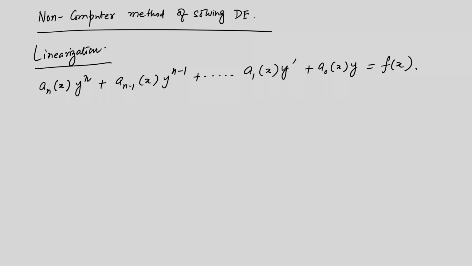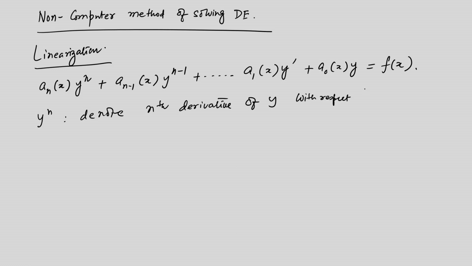So, this equation had to be solved, where y^(n) denotes not y to the power n, but the nth derivative of y with respect to x. And these a_i's and f are specified functions of the independent variable x.